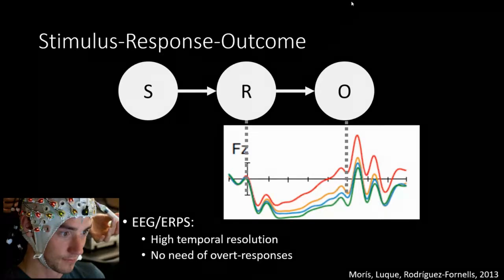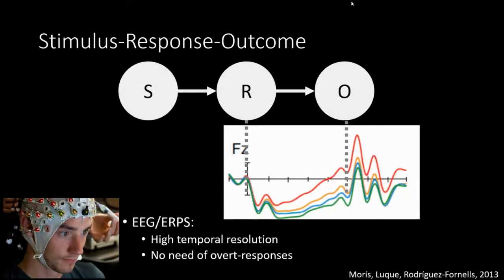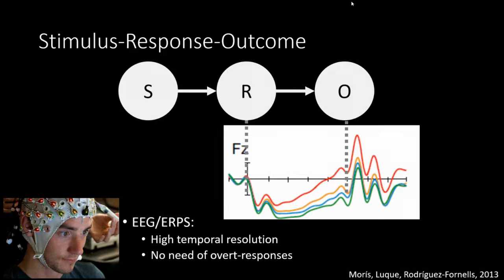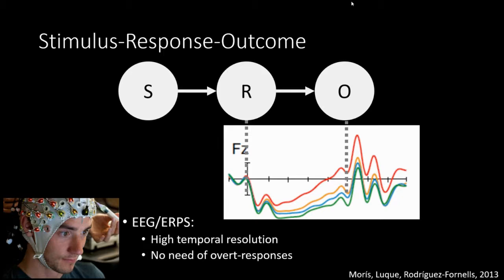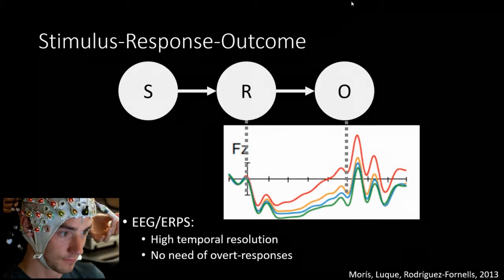So we can see what's going on there, what processes are underlying the processing of these outcomes, or the processing of the stimulus, without any overt responses in that moment. And this is very interesting for us, for the people in associative learning, in my opinion.